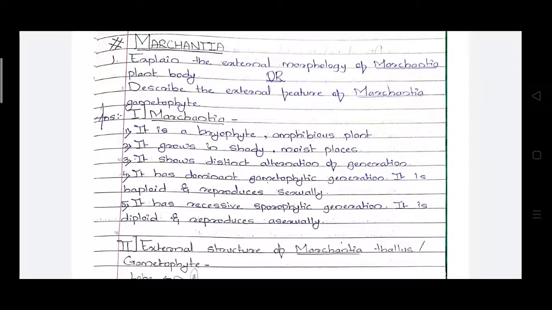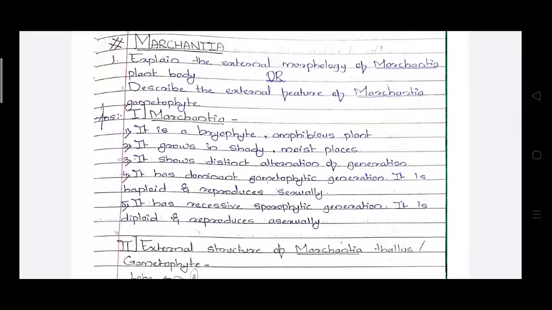Then it shows a distinct alternation of generations. That means in Marchantia there are two phases. One is the gametophytic generation and the second one is the sporophytic generation. So this plant shows distinct gametophytic as well as sporophytic generations. In bryophytes, the dominant phase is the gametophytic generation, which is haploid and produces sexually.